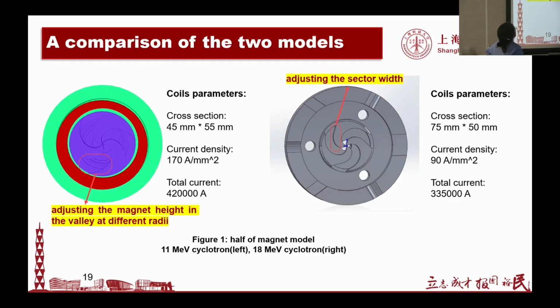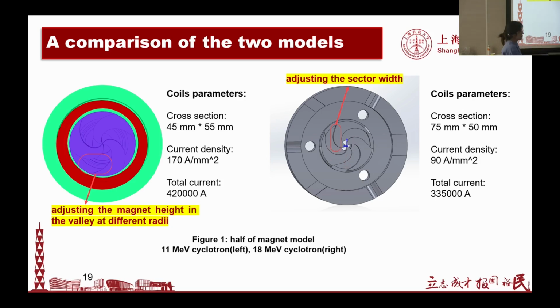This is a comparison of two models. The left side is the 11 MeV cyclotron, where I obtained the isochronous field by adjusting the magnet height in the valley at different radii. The right side is the 18 MeV cyclotron, where I adjust the sector width to obtain the isochronous field.